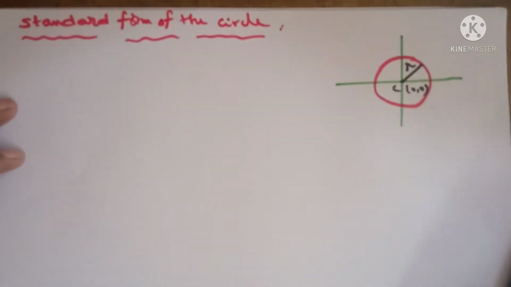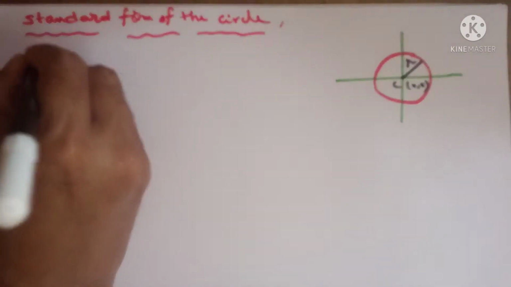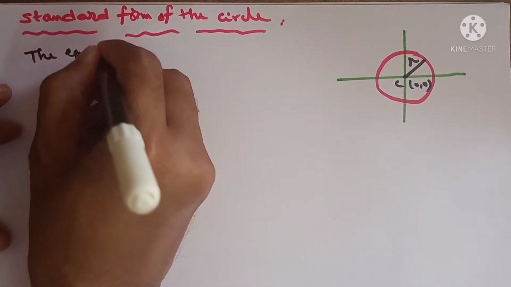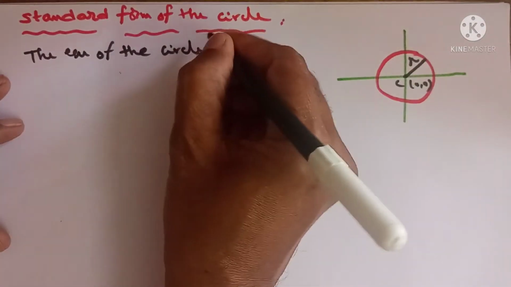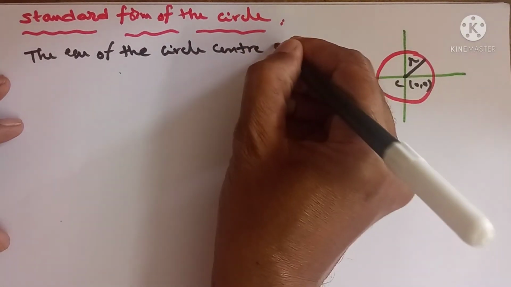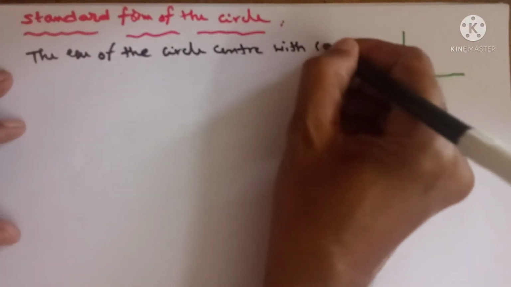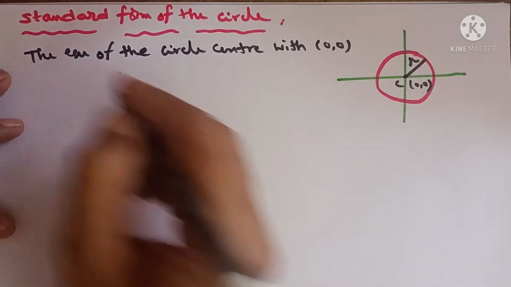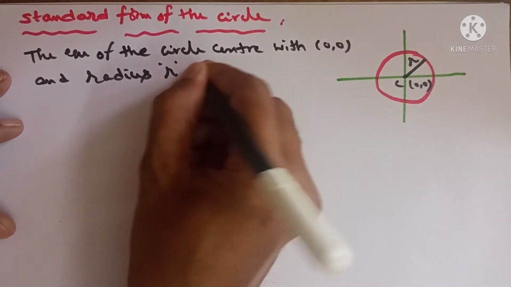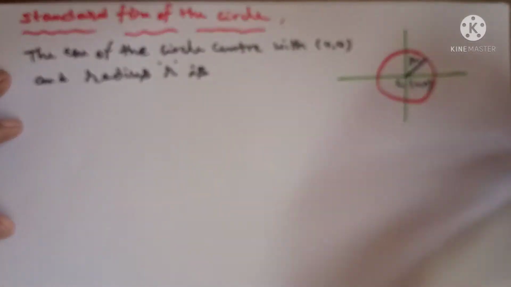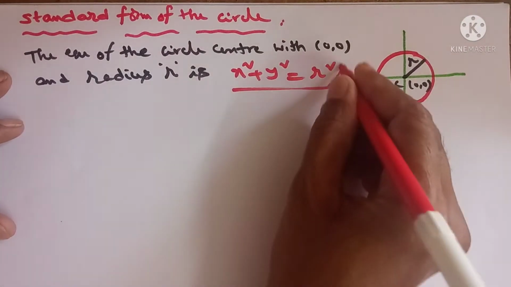Now the equation of the circle with center at origin, meaning 0 0, and radius small r, is given by the formula x square plus y square is equal to r square.